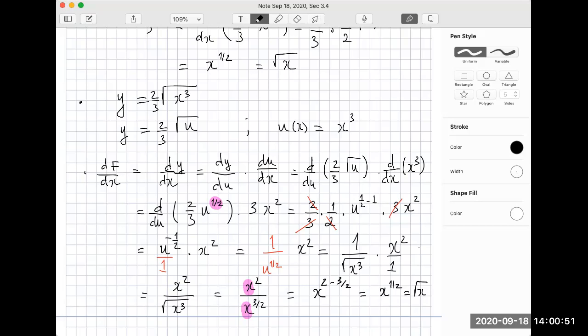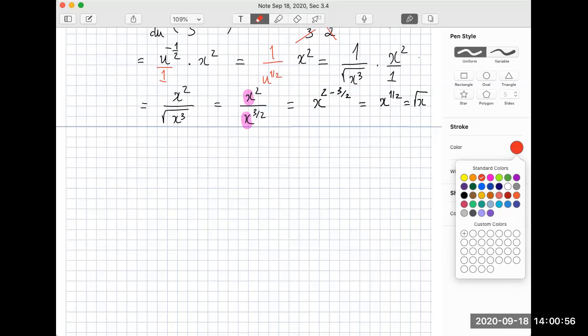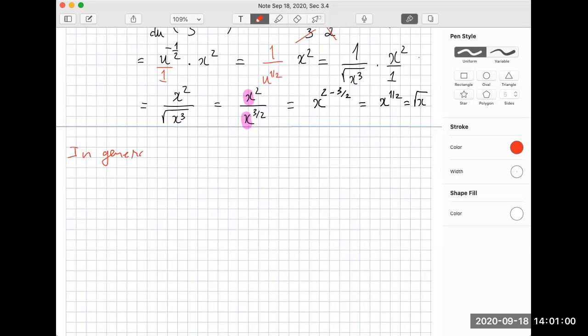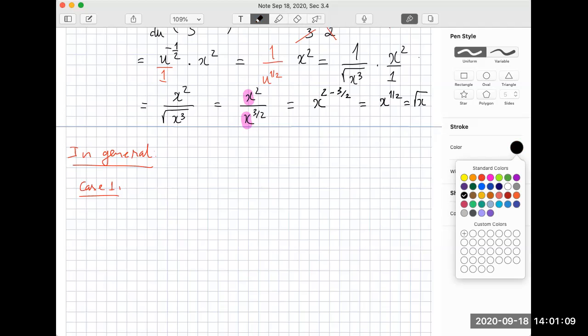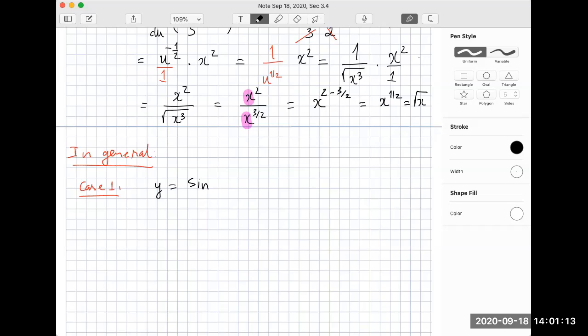So now let us study some general cases. If y is sine u and u is a differentiable function of x, it means that u is a function of x, okay?